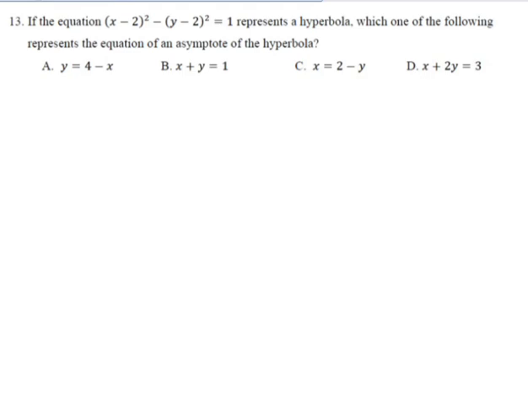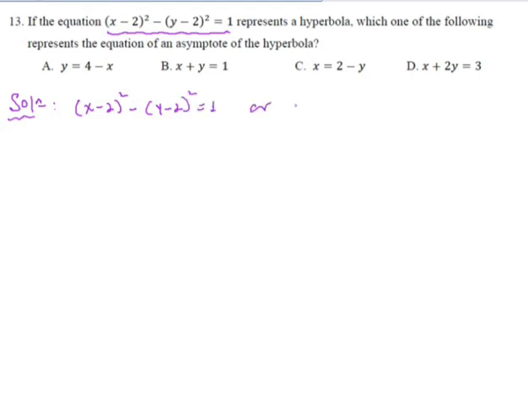The other problem related to hyperbola is: if this is the equation of a certain hyperbola, which one of the following represents the equation of an asymptote of the hyperbola? Here, the equation of the hyperbola is (x minus 2) the whole square minus (y minus 2) the whole square is equal to 1.